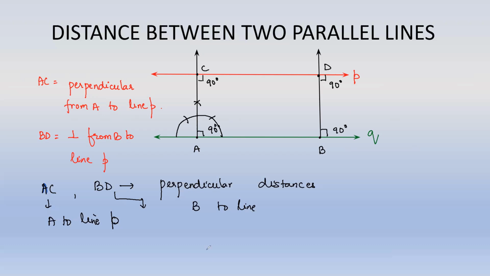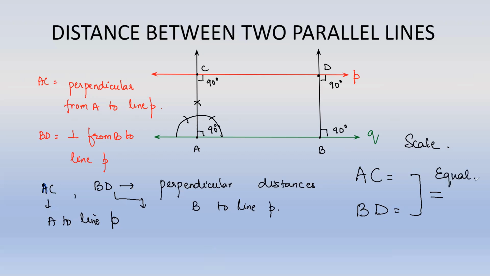Now, what do we have to do? We have to measure the length of AC and the length of BD. So we measure the length of both the perpendiculars from one parallel line to the other. After measuring with a scale, we will get that these two distances are equal.